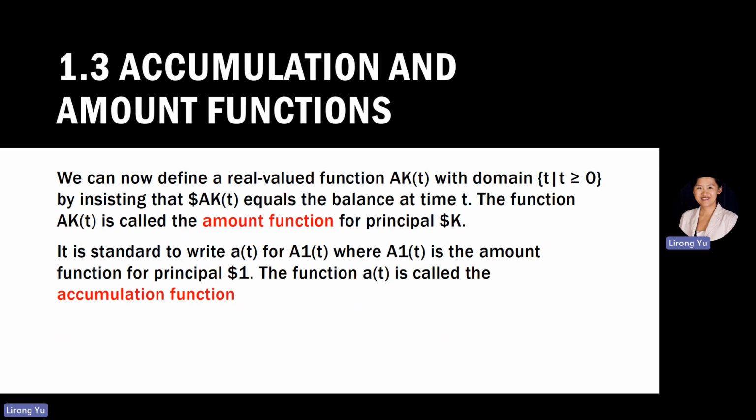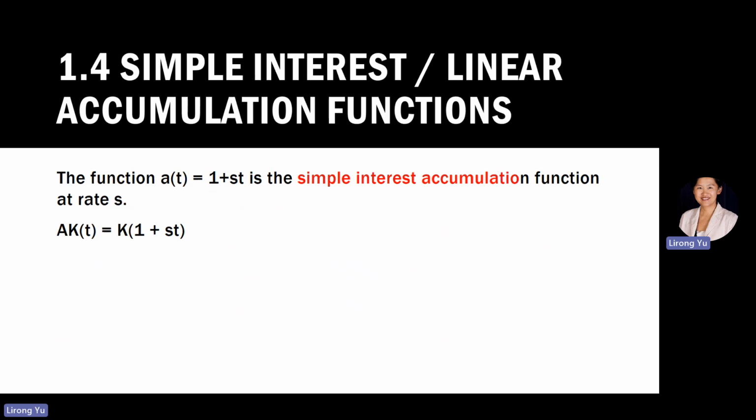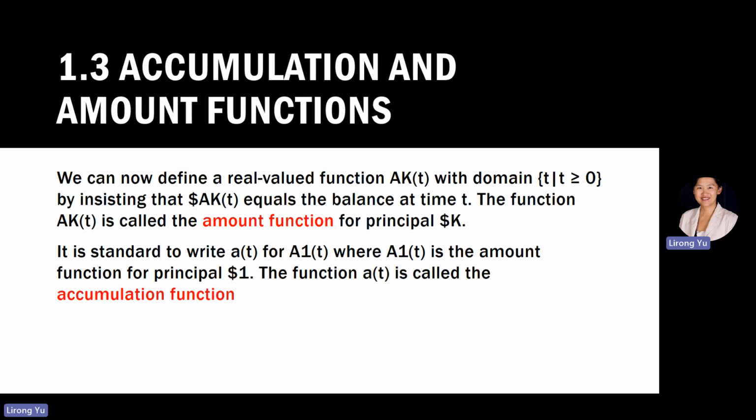So these two are very similar. In many situations, we're assuming that A k t and lowercase a t are proportional. If $1,000 is growing to $1,020, then $1 should grow to $1.02. See, they are supposed to be proportional.